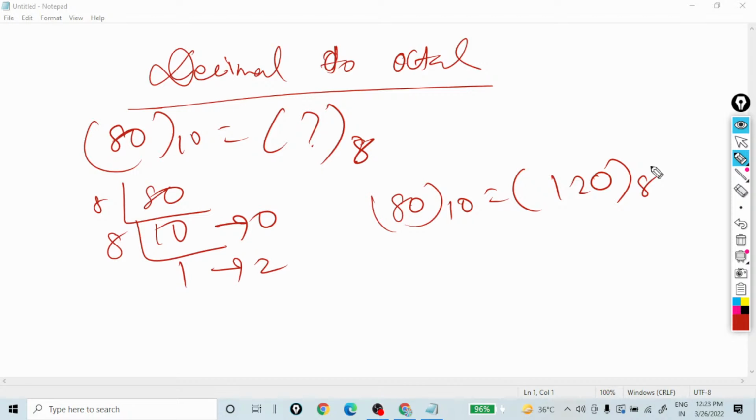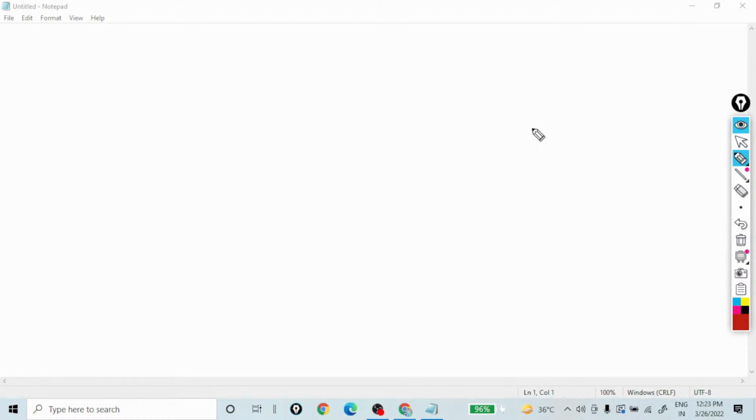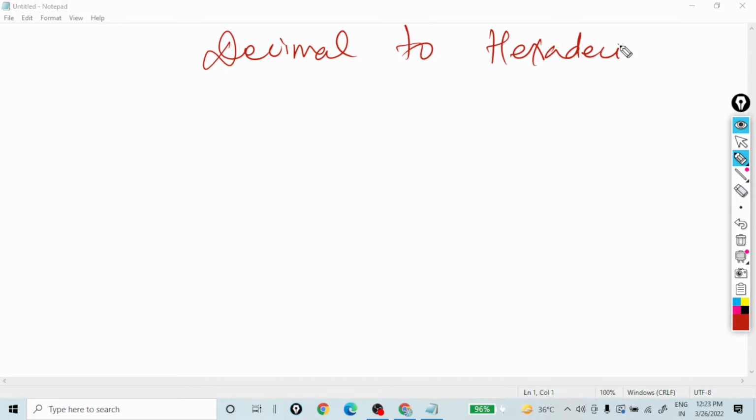Right? Next we will see decimal to hexadecimal. The next conversion will be from decimal to hexadecimal. How to convert decimal to hexadecimal?